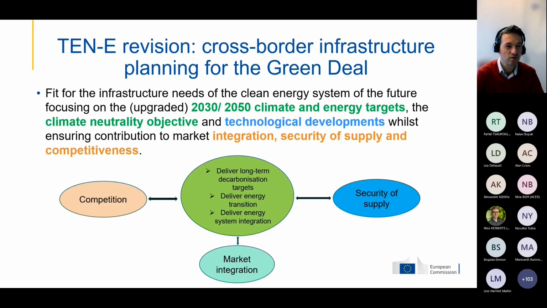So starting with the TEN-E revision, the context for it was the European Green Deal communication and the objectives for climate neutrality. There are new climate and energy targets for 2030 and 2050, and with the Fit for 55 package, the energy infrastructure was a key component to reach those targets. So hence this revision.